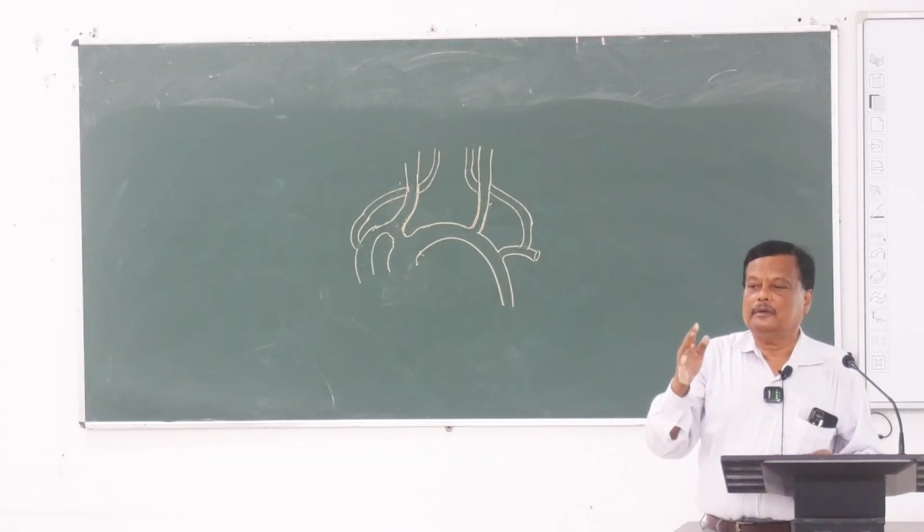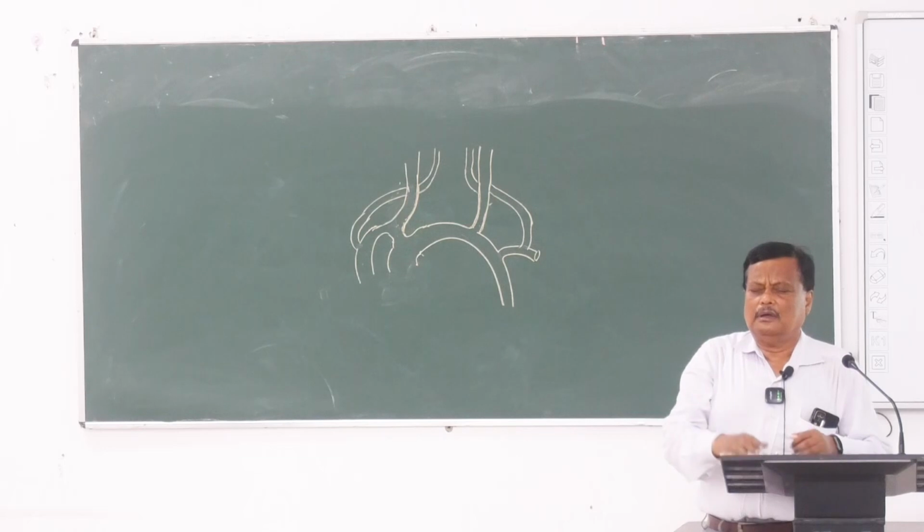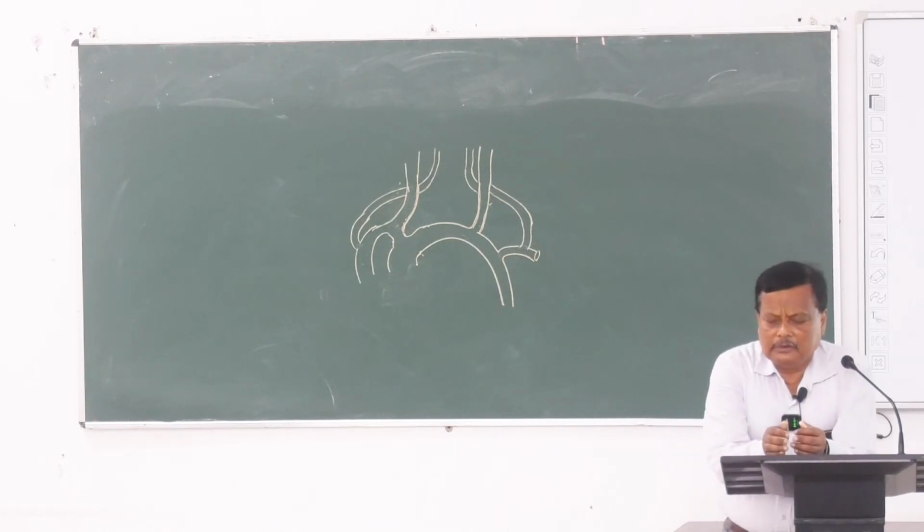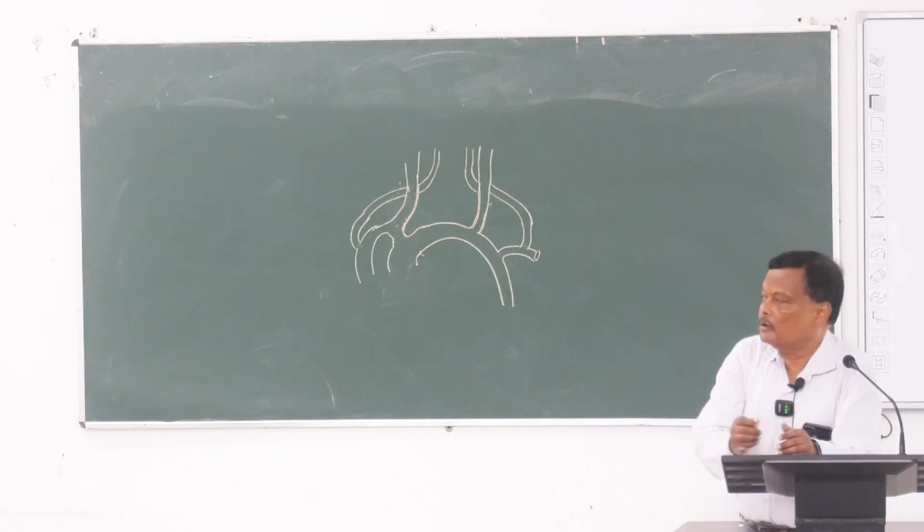And from the first cervical vertebra or the atlas, it curves medially and enters through the foramen magnum in the lower part of the medulla oblongata.